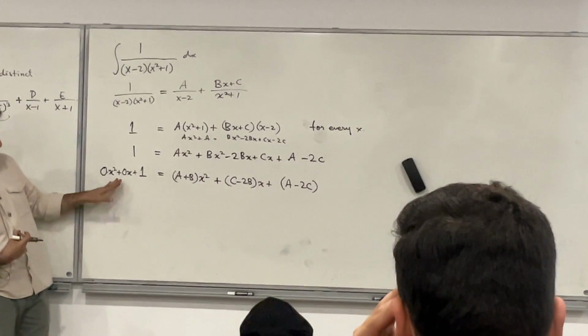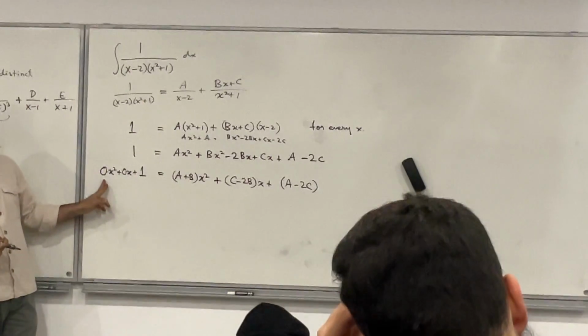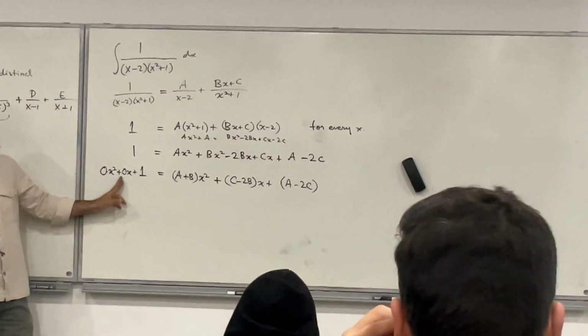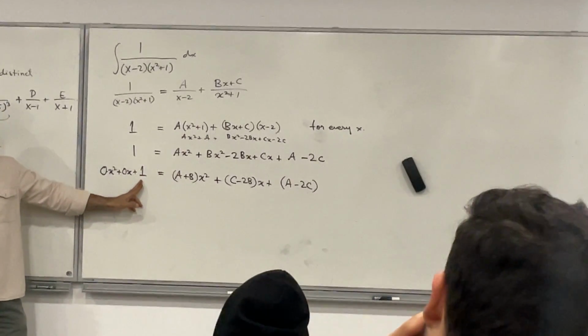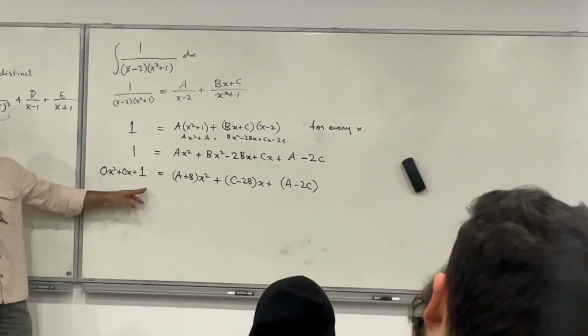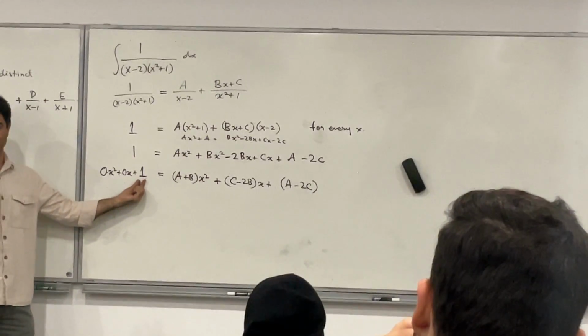That tells you that a plus b must be 0, c minus 2b must be 0, and a minus 2c must be 1. The thing that's not 0 is important. Everything is important, but you should take care not to say everything is 0.